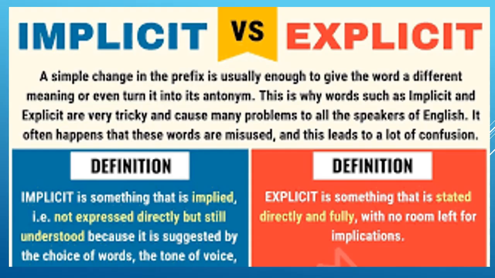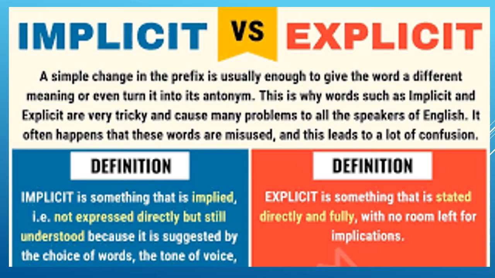The other reading strategy that we are going to discuss in this video is implicit and explicit meaning. A simple change in the prefix, implicit and explicit, is usually enough to give the word a different meaning or even turn it into its antonym, the opposite word.